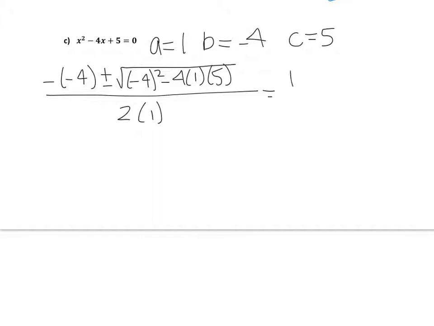Again, plug everything underneath into your calculator as you see it here, and that is going to give us the square root of negative 4 over 2. Now, we can do the square root of 4. It's 2. But because of that negative underneath, it's going to become 2i. So I'm going to change this whole thing into 2i, and we're going to simplify it further. 4 plus or minus 2i over 2.